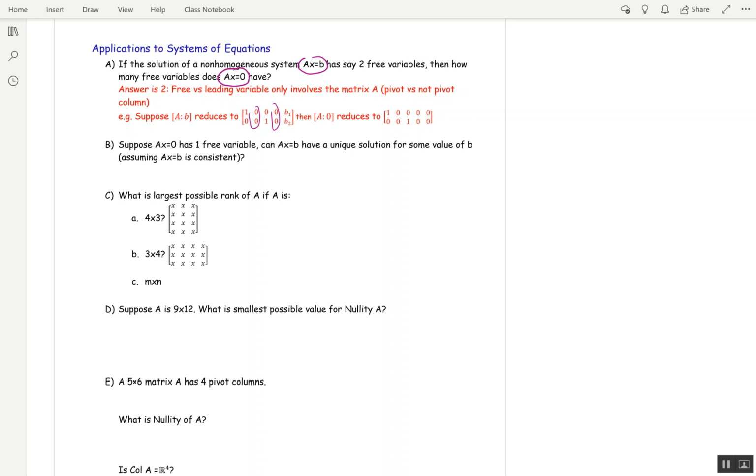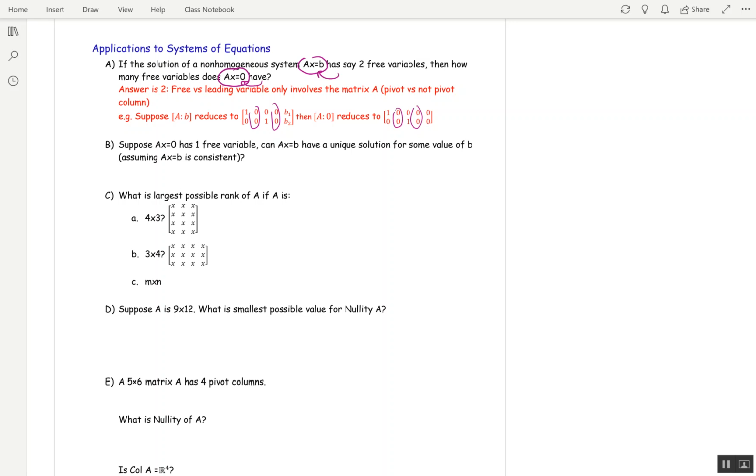Well, when you reduce the matrix A augmented with 0, you're going to have the exact same 2 non-pivot columns, 2 and 4. So pivot columns versus non-pivot columns don't depend on whether you've augmented with 0 or with B.